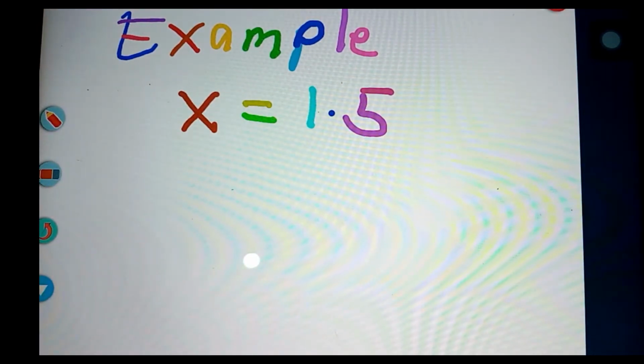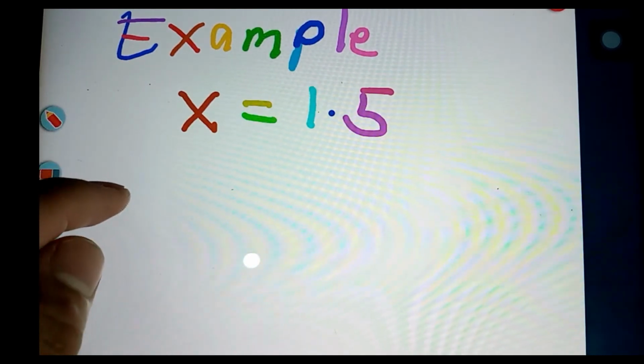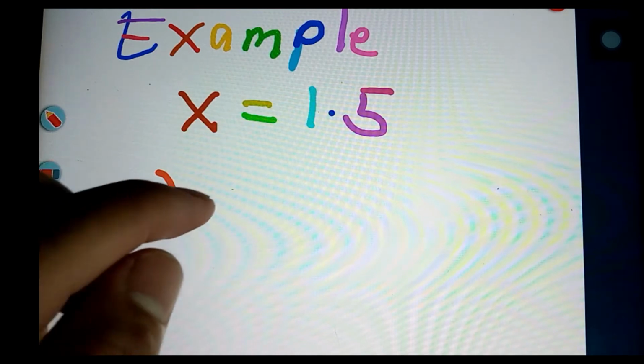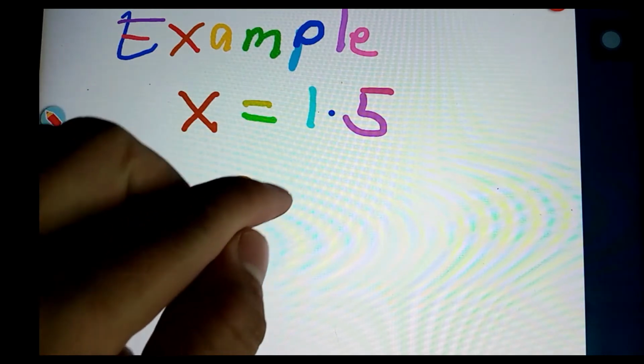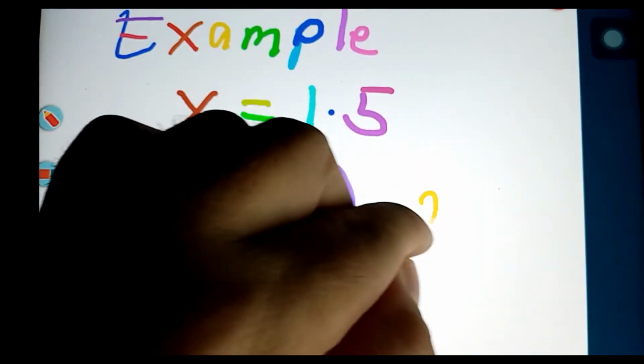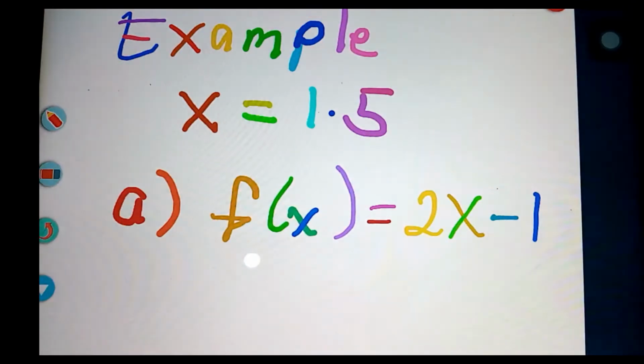Let's say letter A. If the given function is f of x equals 2x minus 1.